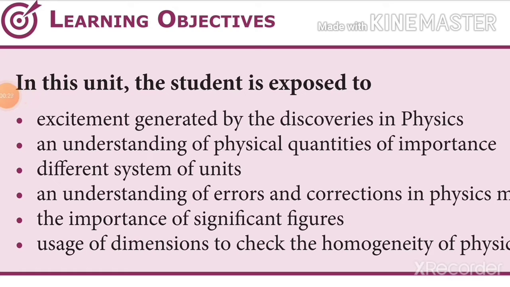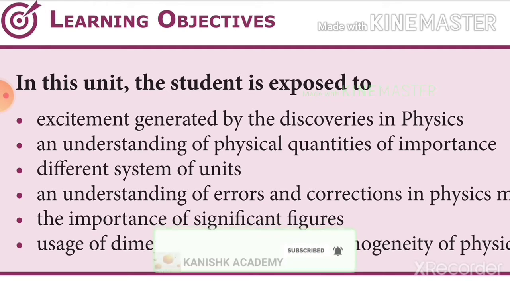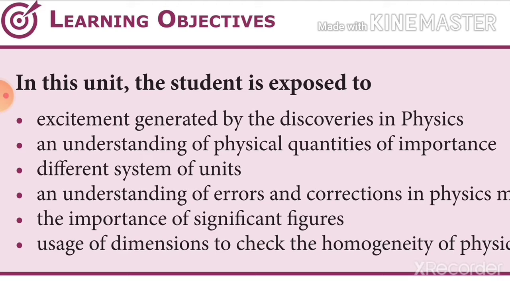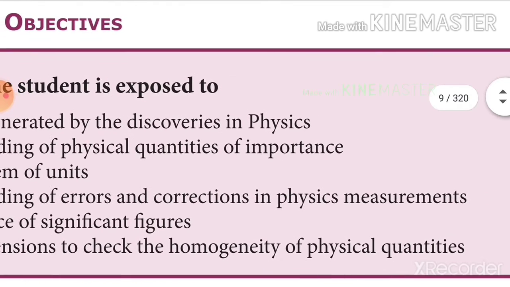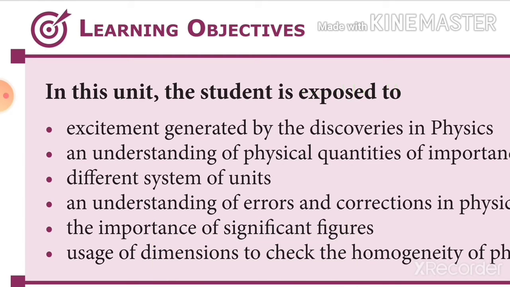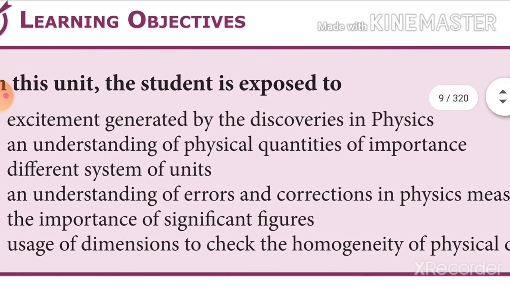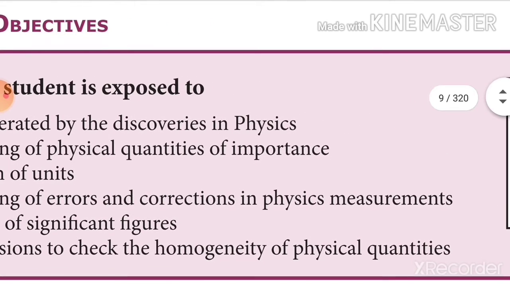In this unit, the student is exposed to the excitement generated by the discoveries in physics, an understanding of physical quantities of importance, different systems of units, an understanding of errors and corrections in physics measurements, the importance of significant figures, and usage of dimensions to check the homogeneity of physical quantities.